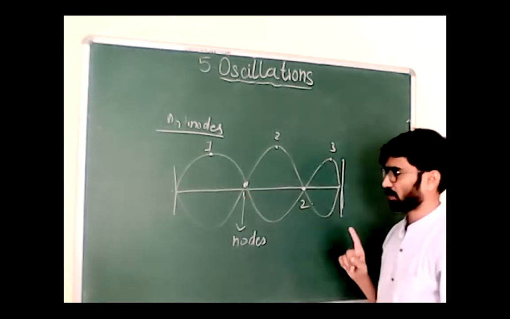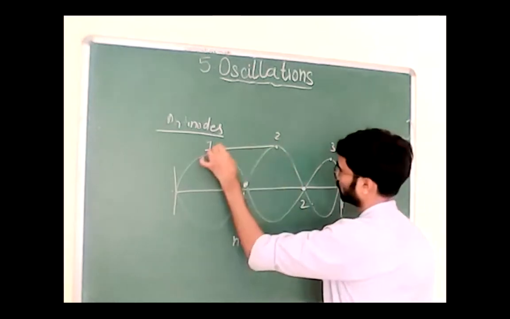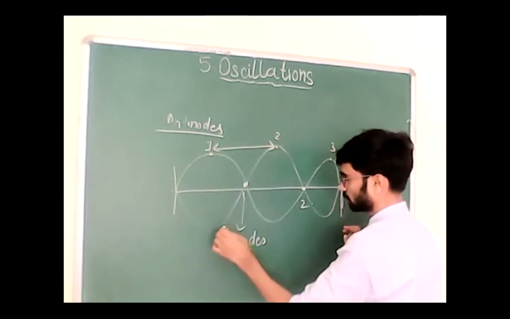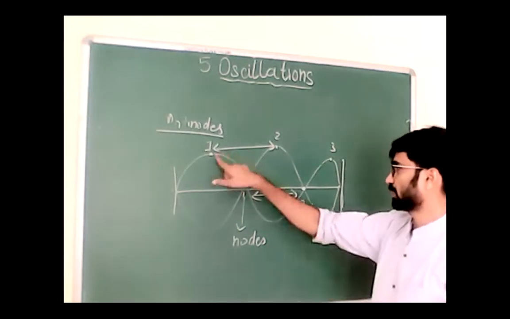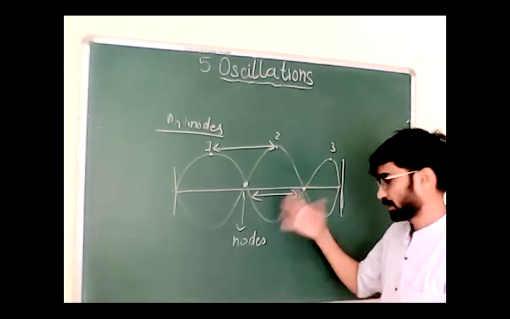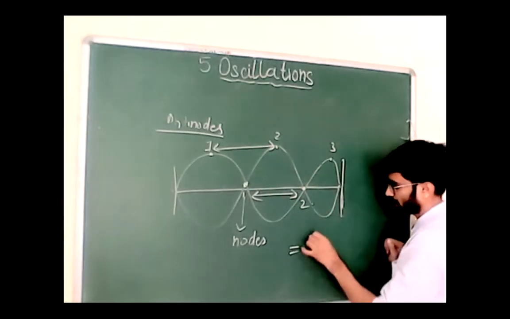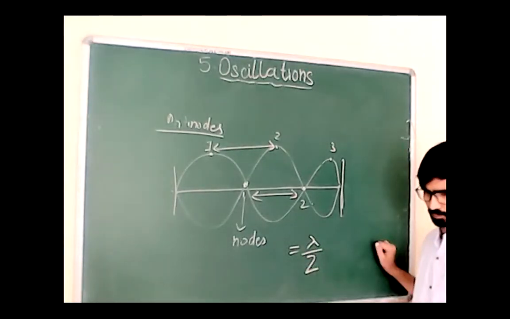So always remember that the distance between any two nodes or any two antinodes, मतलब दो antinode या फिर दो node, इनके बीच का जो distance होता है, that distance is always lambda by 2.